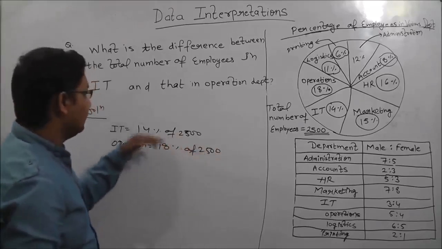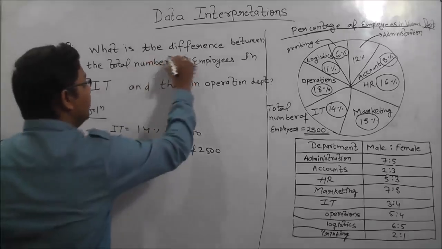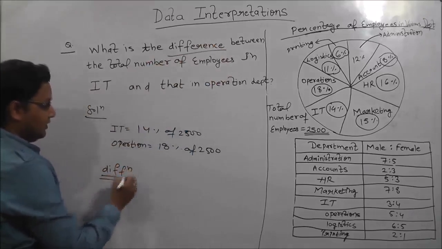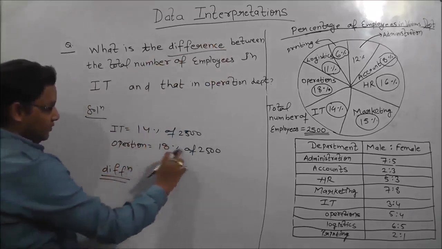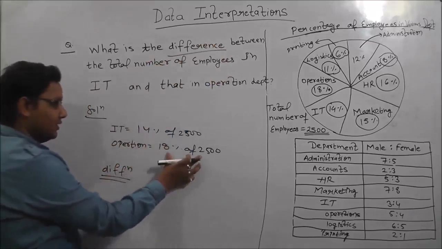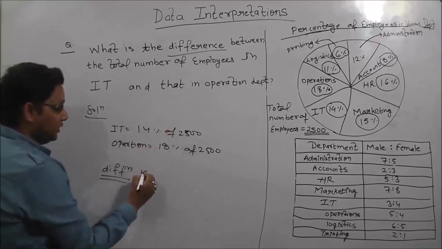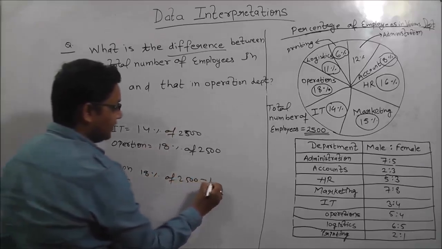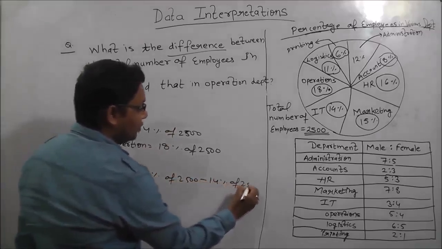So let's see what we have to find. We have to find the difference. To find the difference, first let us subtract. You can see here, this quantity is bigger than this quantity. So 18% of 2500 minus 14% of 2500.